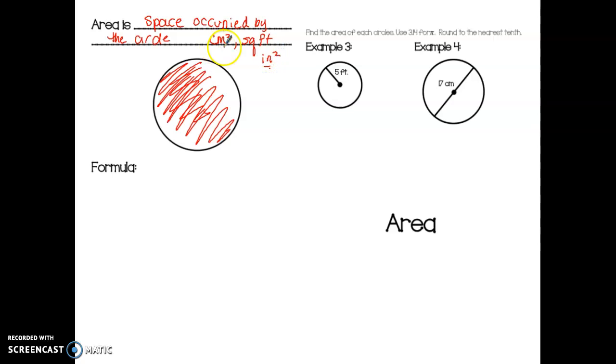There are two things that we're actually multiplying. So make sure you have this formula, because the formula for the area of a circle is pi times radius squared. We're going to talk more about squaring, but you might remember that if there is an exponent of 2, it means you multiply the radius times the radius, by itself.